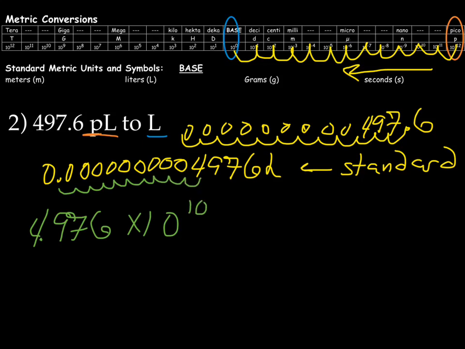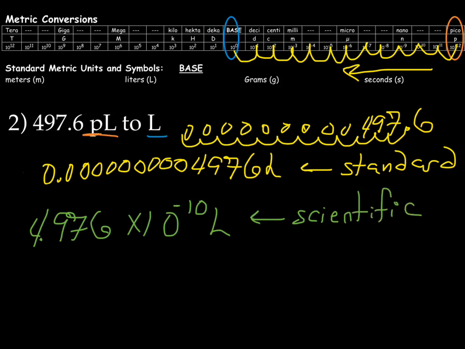Times 10 to the 10th. And this number here is a small number, right? It's smaller than 1, so the exponent is going to be a negative 10 liters. Let's clean this up a little bit so we can read our answers. All right, so this is our scientific notation. So those are our two answers for number 2.